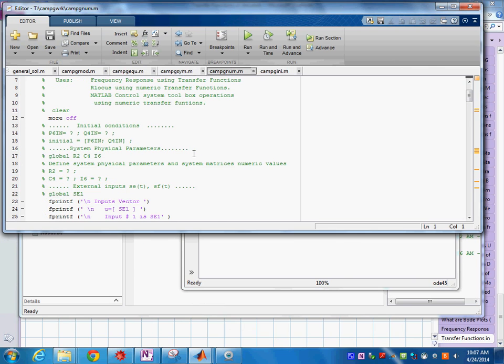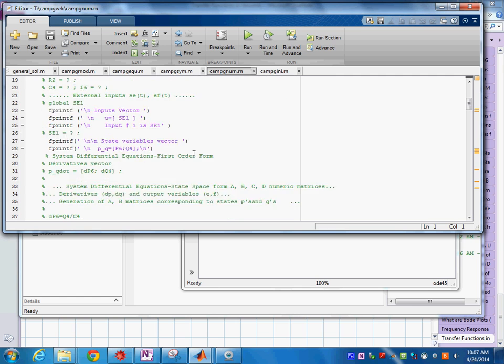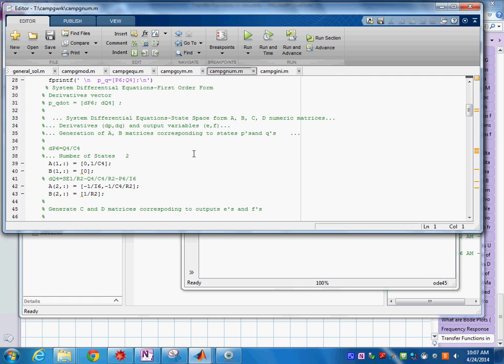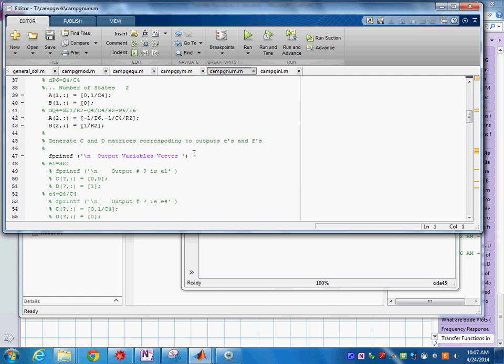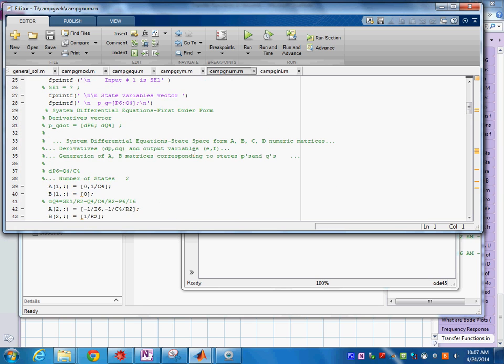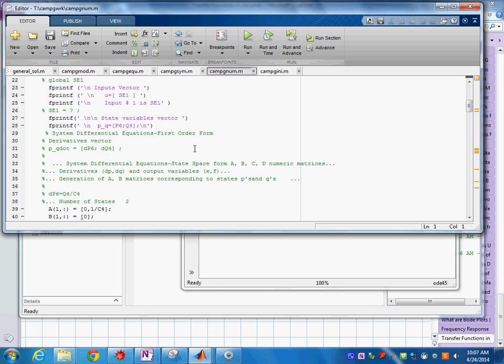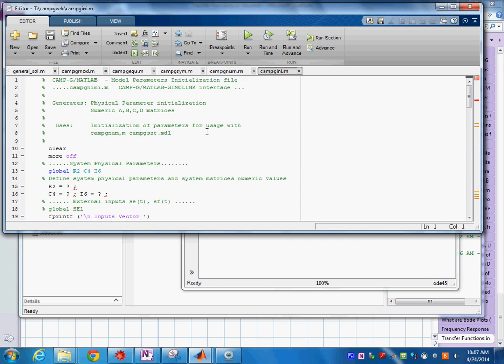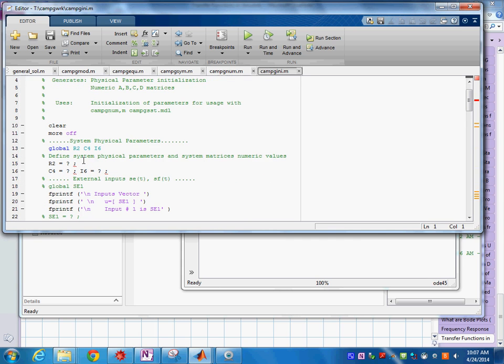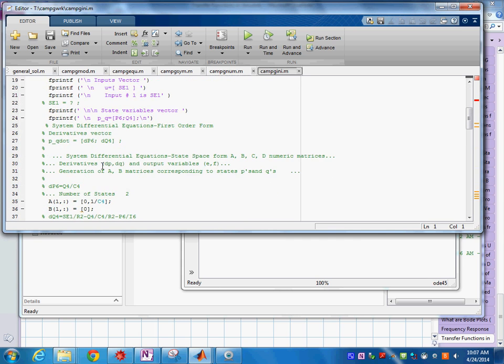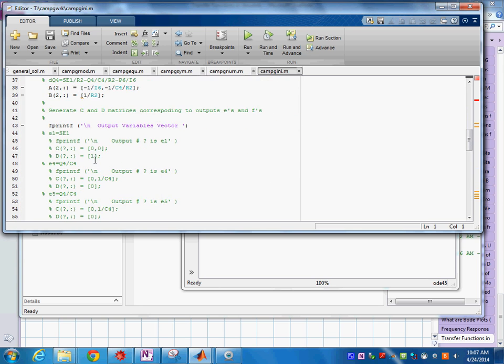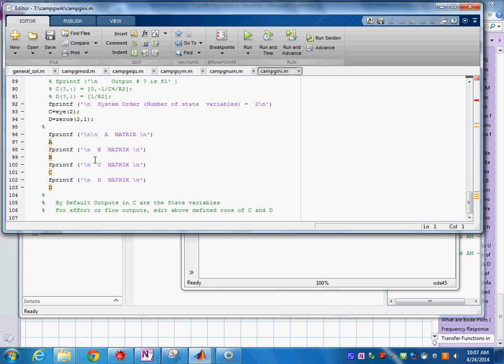Okay, so in here, this is the numerical file and this is the initialization file. So in here, you put the values, you see, and then, of course, you define the outputs, and you will obtain the matrices.